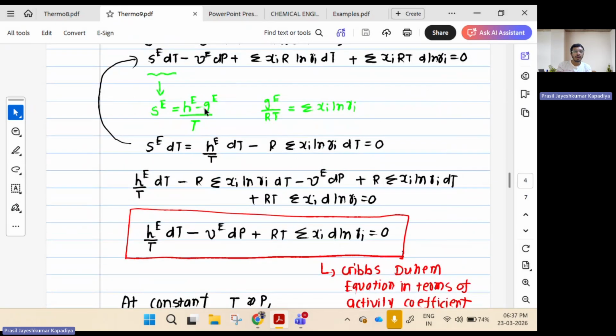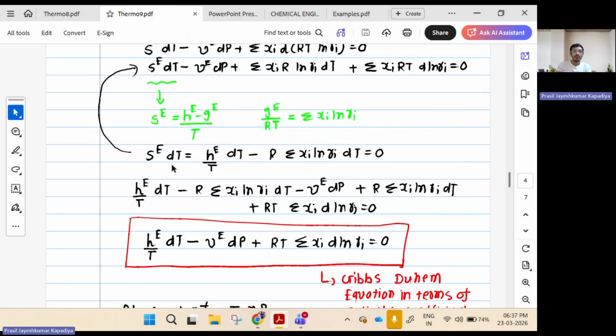So what can I do? I can write SE dT is equal to HE by T dT minus GE by T dT. So what is GE by T? GE by T is summation of Xi ln gamma i into R. GE by T is R into summation Xi ln gamma i.